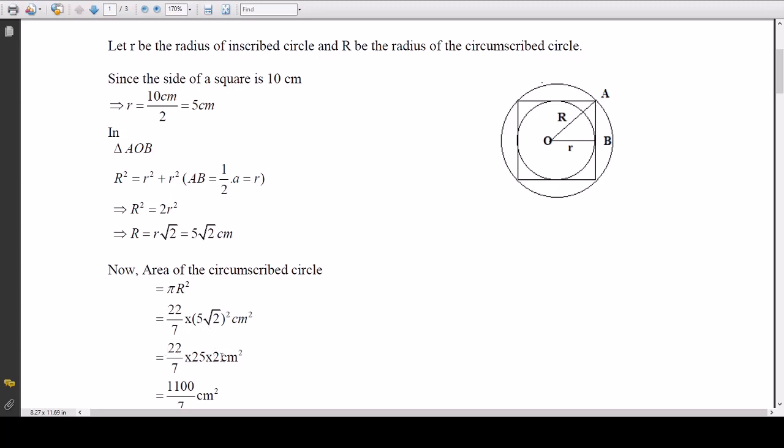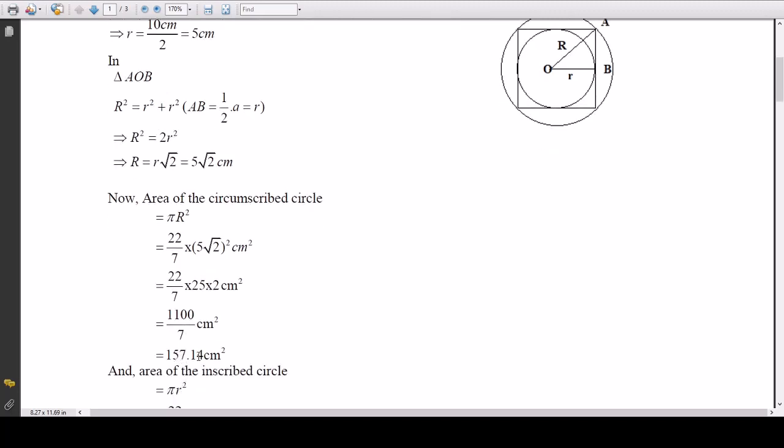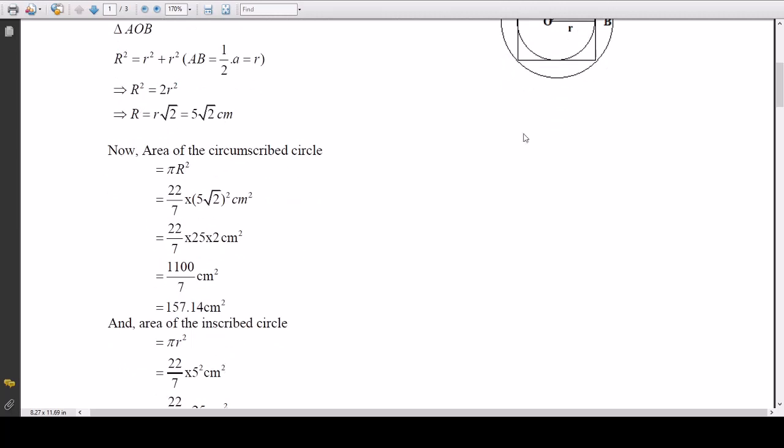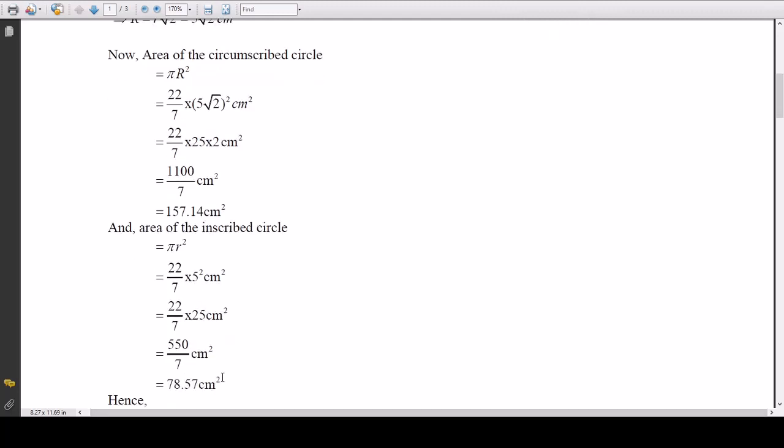If you multiply the numerator, you will get 25 multiply 2, 50, 50 multiply with 22 is 1100, divided by 7 would give us 157.14. And the area of the inscribed circle is pi r square using the smaller radius, which is 5 centimeter. 5 square is 25, 25 multiply 22 is 550, divided by 7 would give us 78.57.